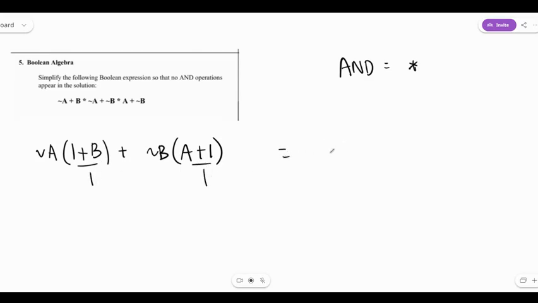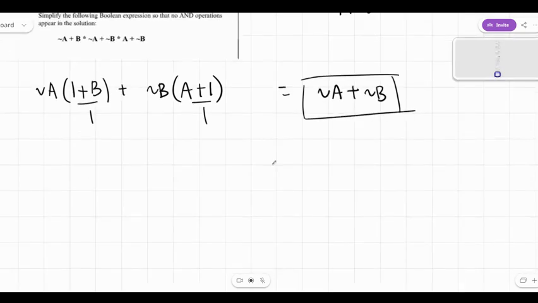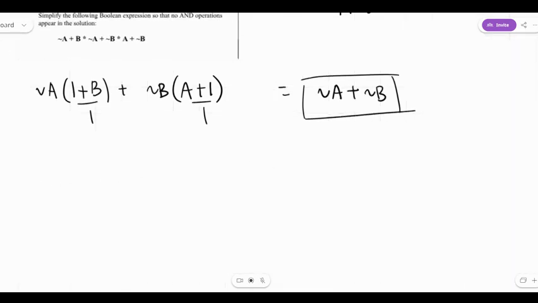So this would simplify to not A or not B. And as you can see, we have already gotten rid of all the and operators. So the key of this problem was the factorization, and that is something to look out for as you are doing problems.